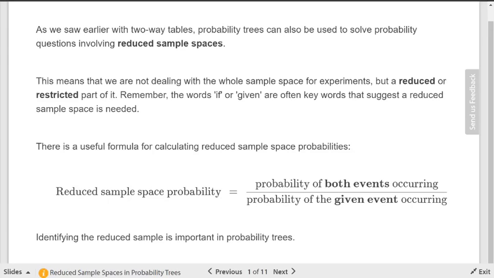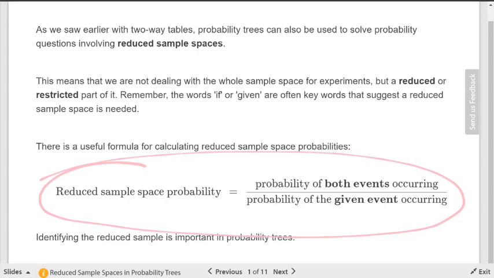So here we go. We have a new formula, and it's the formula for a reduced sample space. If you have to reduce the sample space, then we're going to have to take out some of the information from the tree, because the probability tree gives you all the possible outcomes.